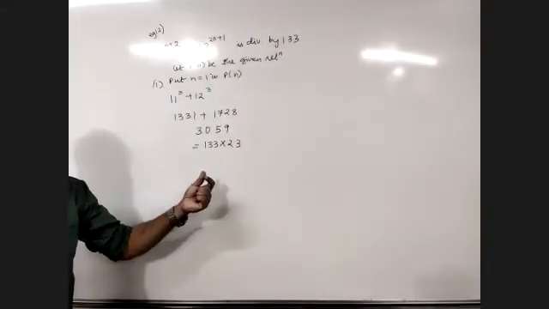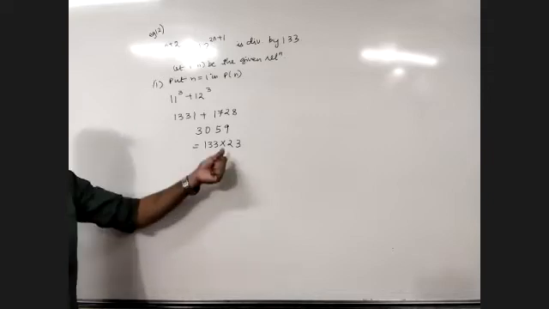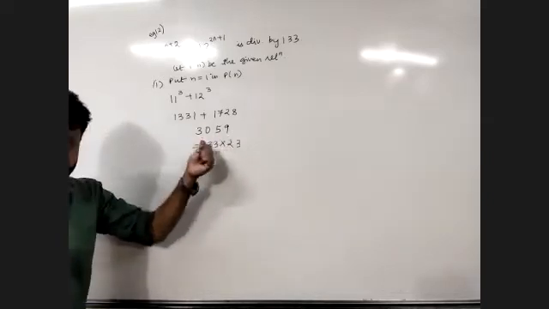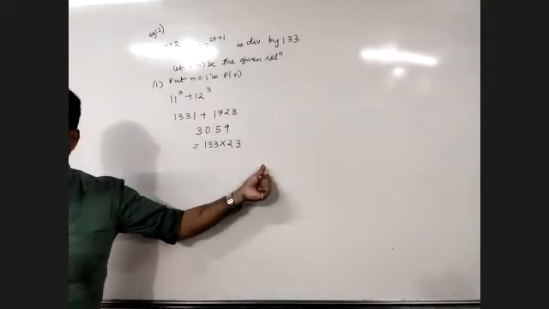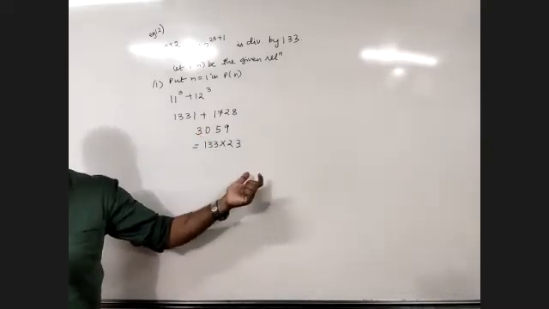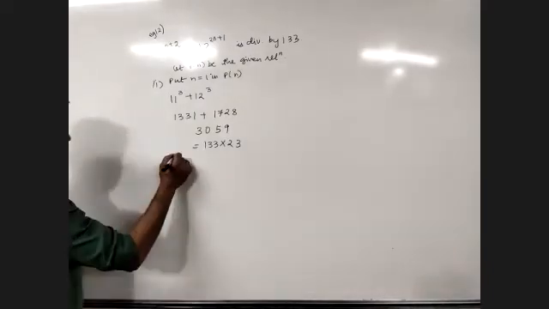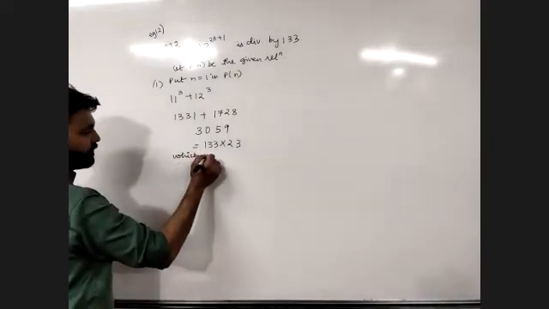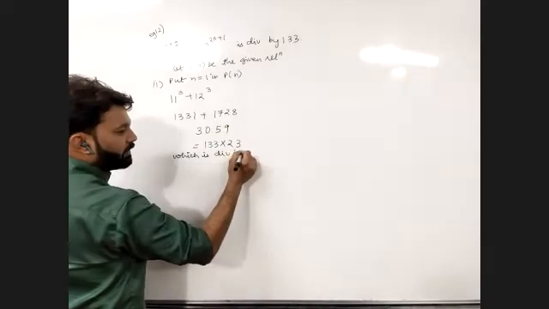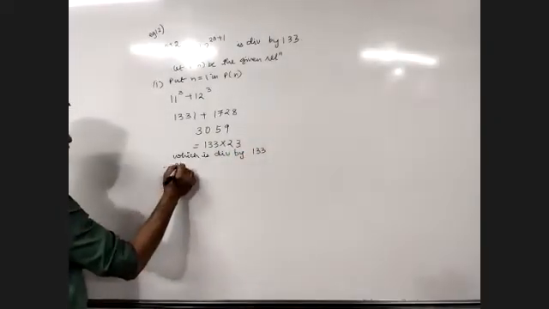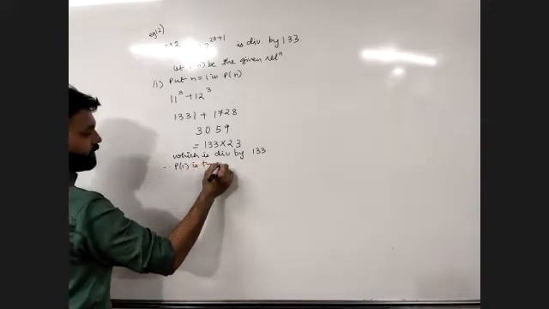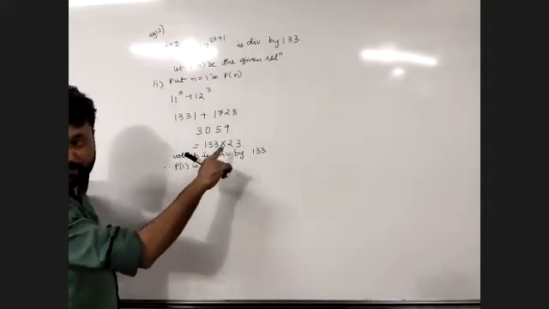Because if it is divisible, or if it is a multiple, we should be able to express this expression in the form of 133 and a whole number or an integer. So 23 is definitely an integer. So now we can write that this is divisible by 133. So therefore, P1 is true. Please ensure that you write it in this form.